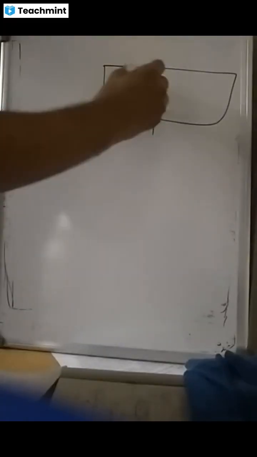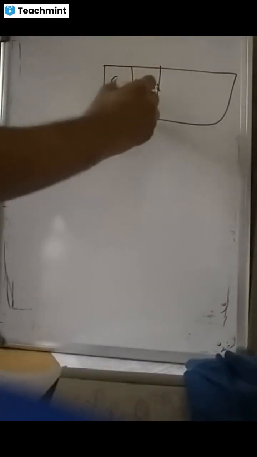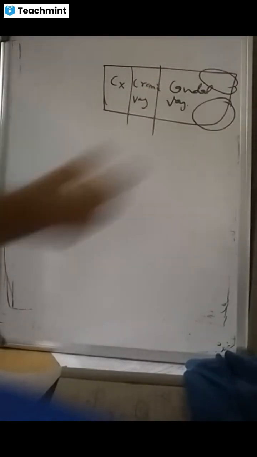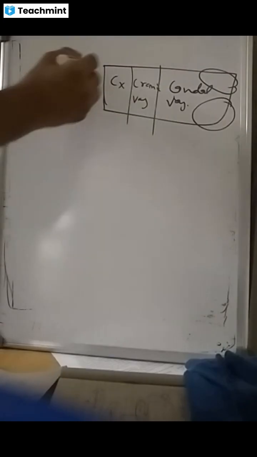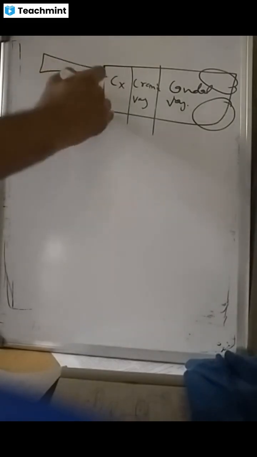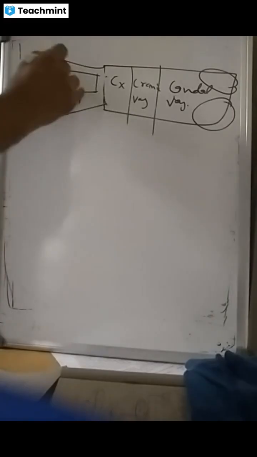We revise what we learned today. This is the cervix, cranial vagina, and caudal vagina, and these are the labia, and these are the uterine horns.